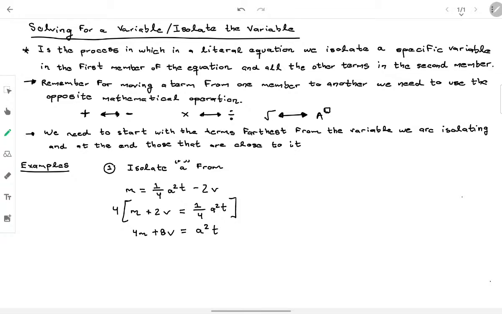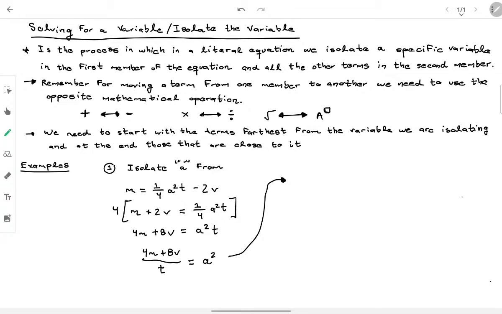After that, the t that is multiplying the a squared is going to go to the other side dividing, so it's going to be 4m plus 8b over t equals a squared. The next thing, we need to get rid of the square on a.